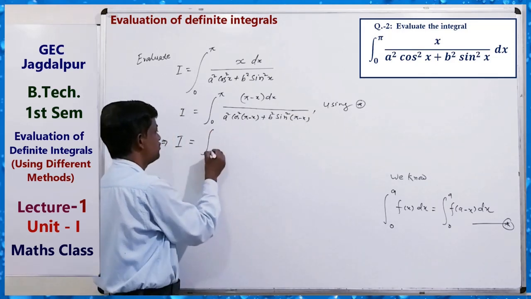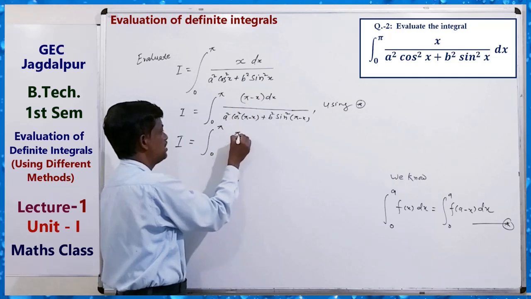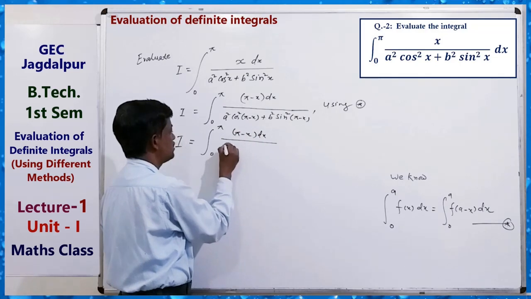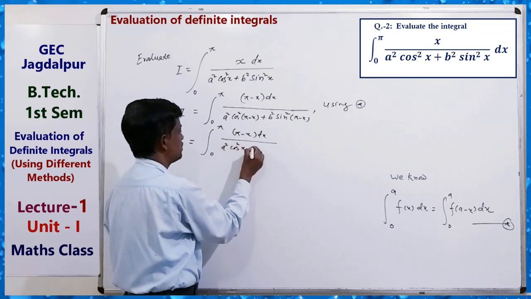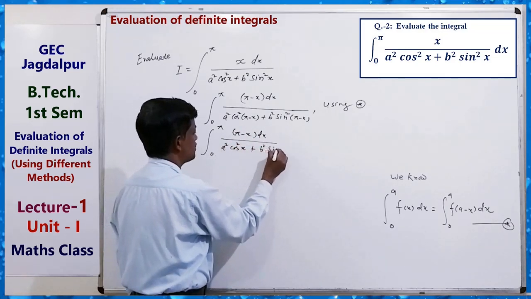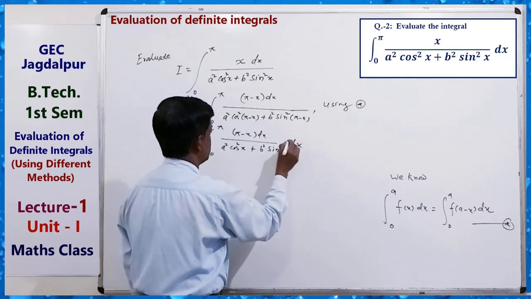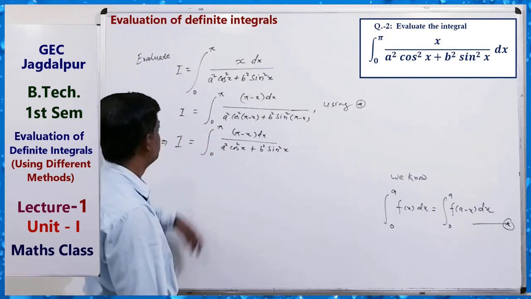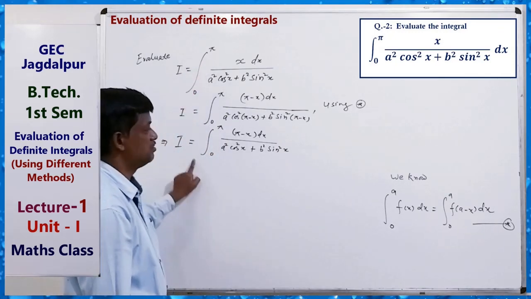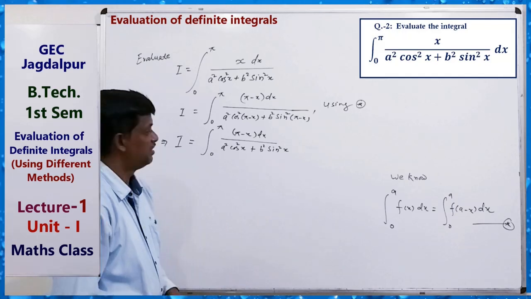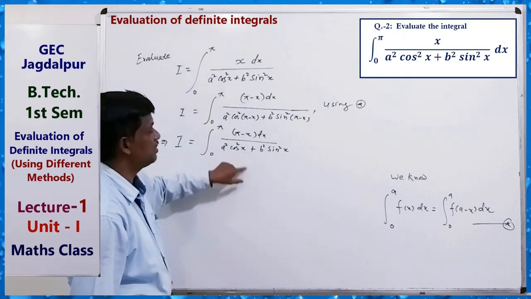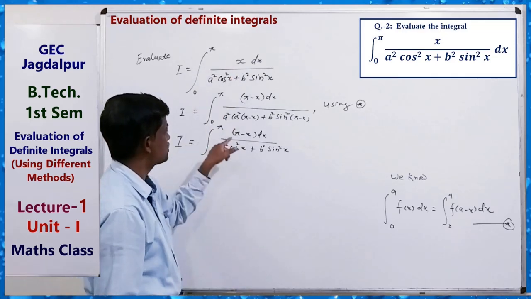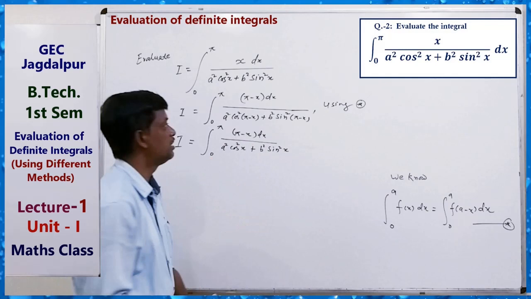So we get the integral of pi minus x, dx, upon a square cos square x plus b square sin square x. Now I equals this, and I equals this. Can we add? The denominators are the same, so the numerators will add. So x plus pi minus x, x cancels, we get only pi.